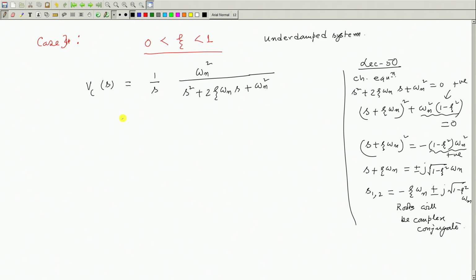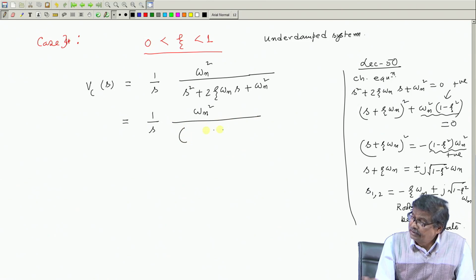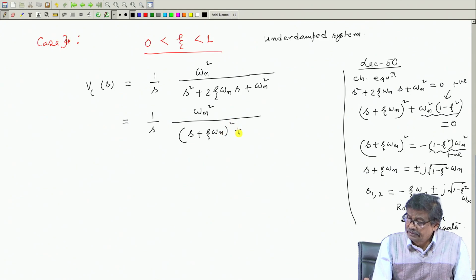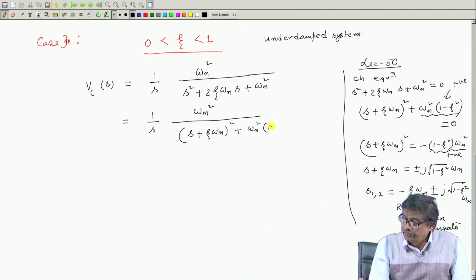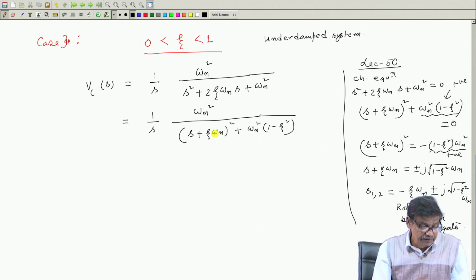Therefore, I will write it as 1 over s, omega_n square, and in this form only, the denominator as (s plus zeta omega_n) whole square plus omega_n square into (1 minus zeta square).